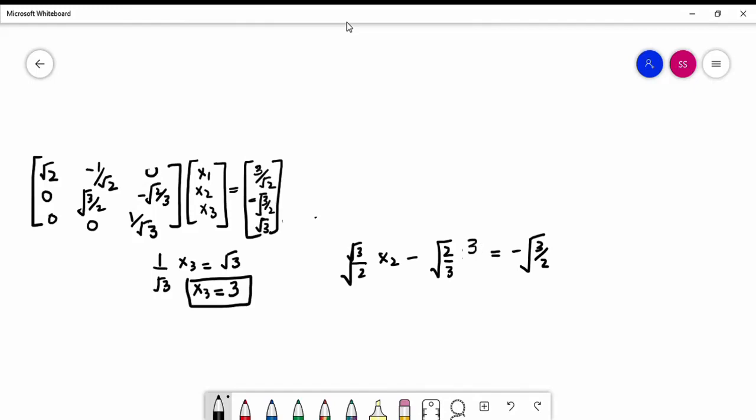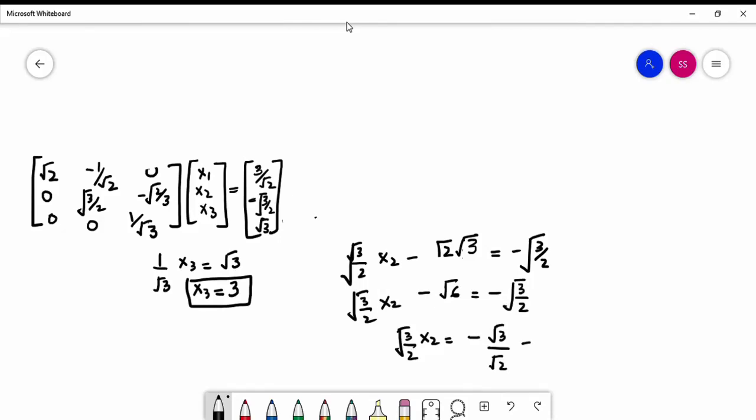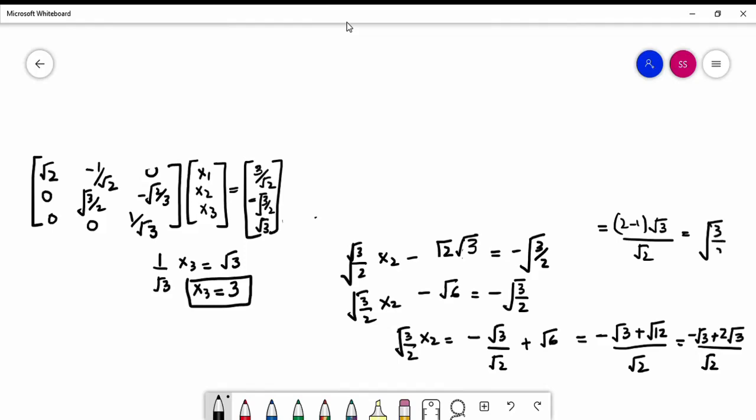I am replacing it here, so if I take the LCM and simplify, that gives us √3/2 equal to √3/2 x2.